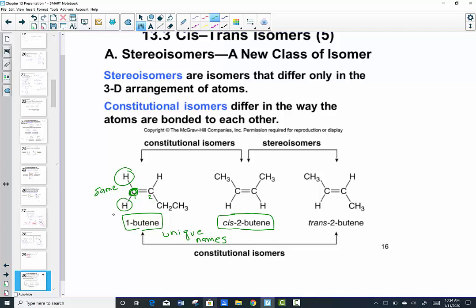They connect their atoms in the same order, right? Single, then double, then single bond in that 4-carbon chain. They're attached in the same order, but they have a 3-dimensional stereoisomer. If the attachments are on the same side of the plane of the double bond, it is cis. If they attach those groups on opposite sides, up and the other down from the plane of the double bond, we call it trans.